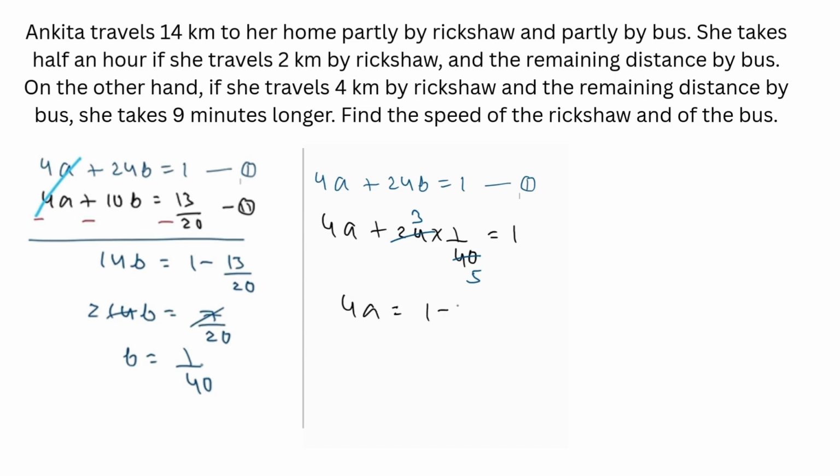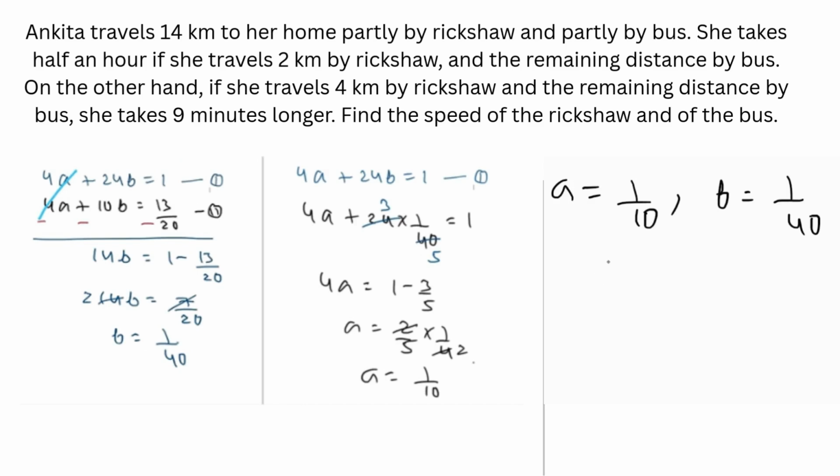That is 1 minus 3 over 5. So 4a is what? This will give you 5 minus 3, that is 2 over 5. And dividing it by 4 is same as multiplying with a reciprocal. So this can also be reduced. That keeps the value of a as 1 over 5 into 2, that is 1 over 10.